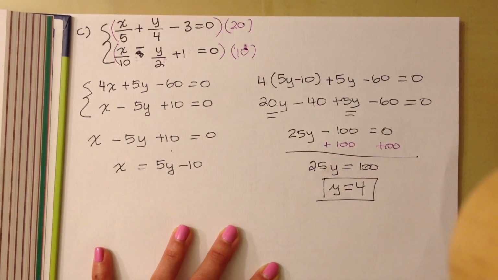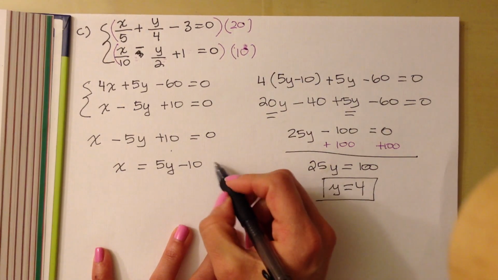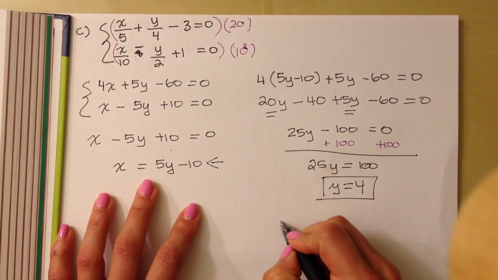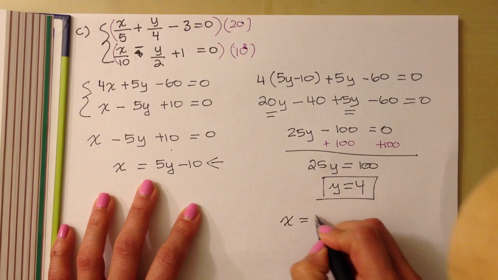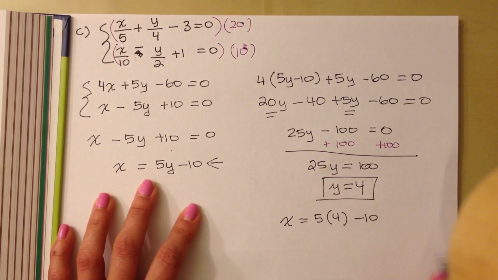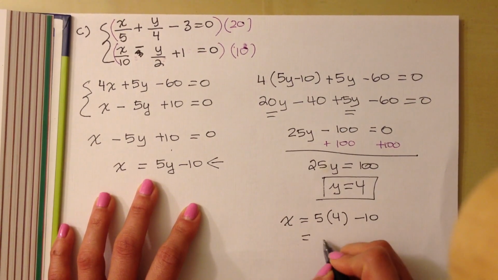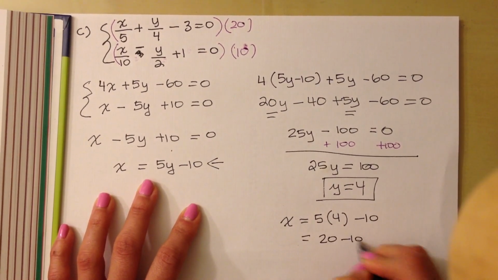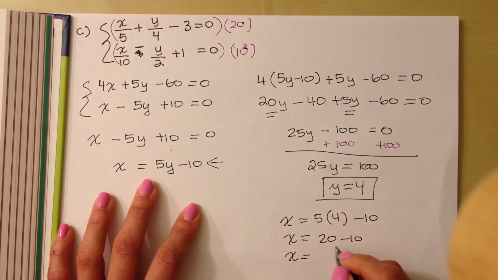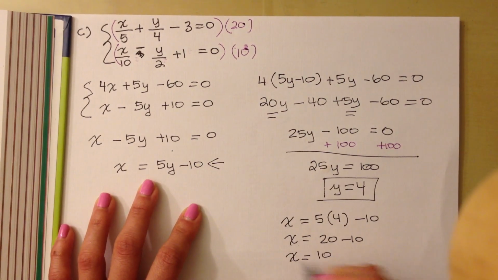So that's done. We need to find x. So for x, we can use the equation right here, the one that's solved for x, which is x is equal to 5 times 4 minus 10. Simplify, 20 minus 10, and so our answer for x comes out to be 10.